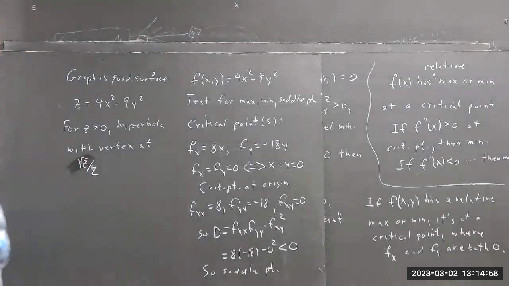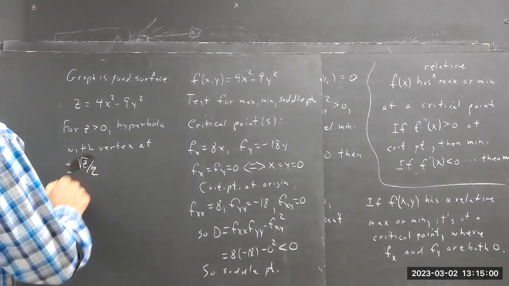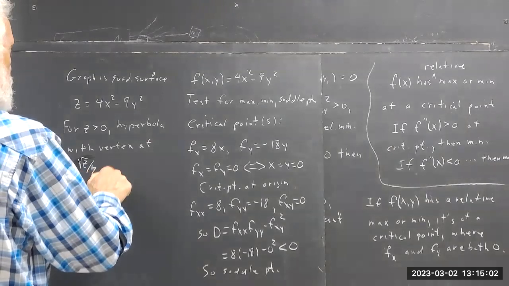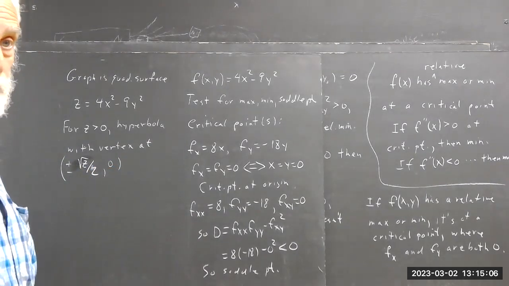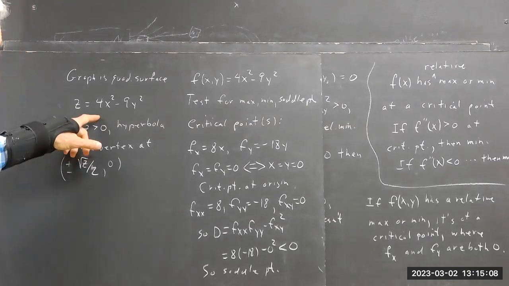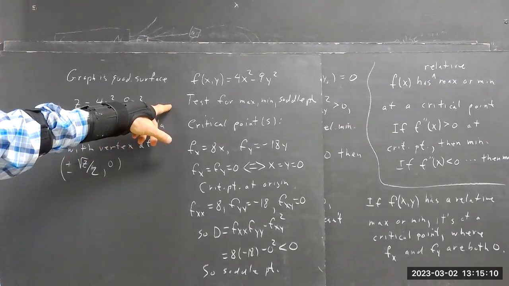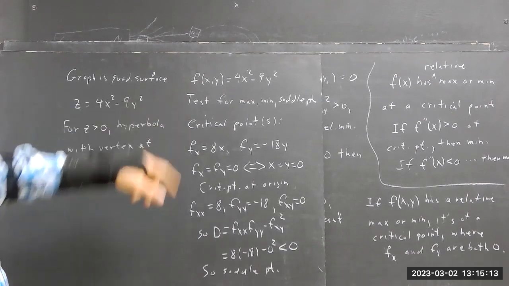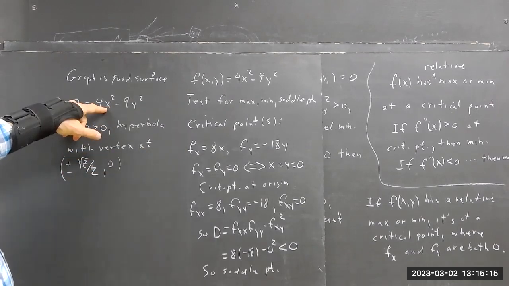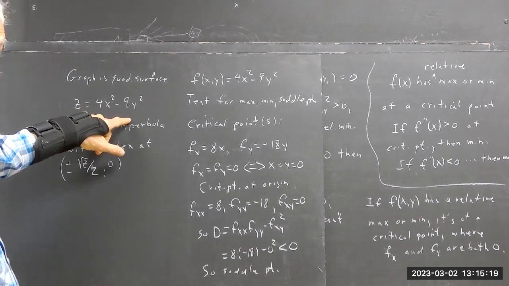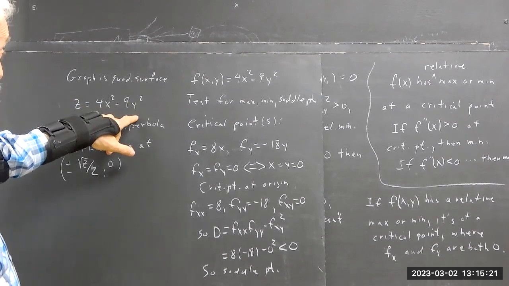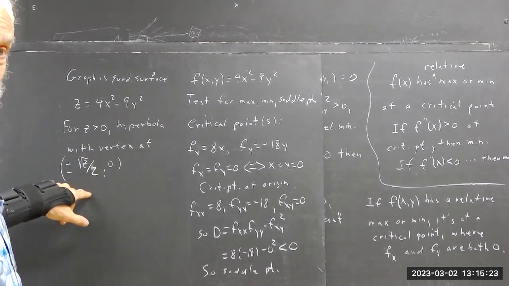The vertex would be at the origin, and this is going to equal some positive number. If x is 0, there's no y that will make this positive. If y is 0, yes, we have an x that makes it positive.